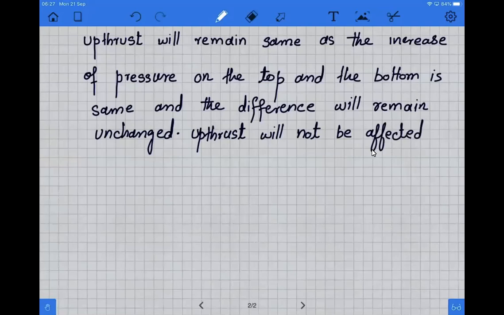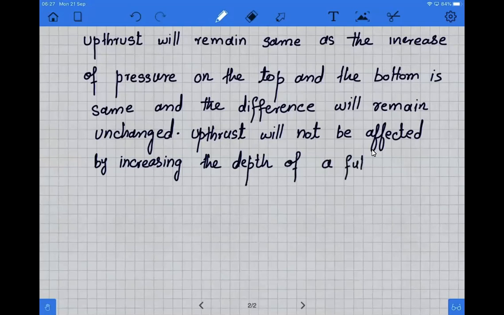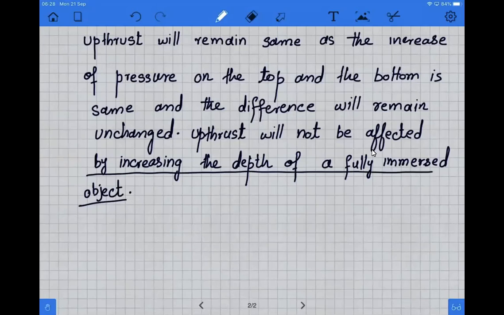Upthrust is not affected by increasing the depth of a fully immersed object. So if you increase the depth of a fully immersed object, it will not affect the upthrust at all.